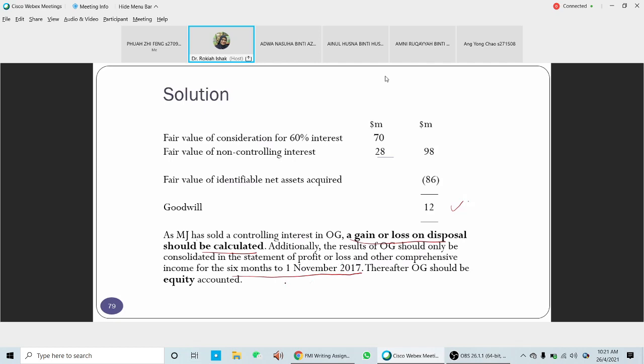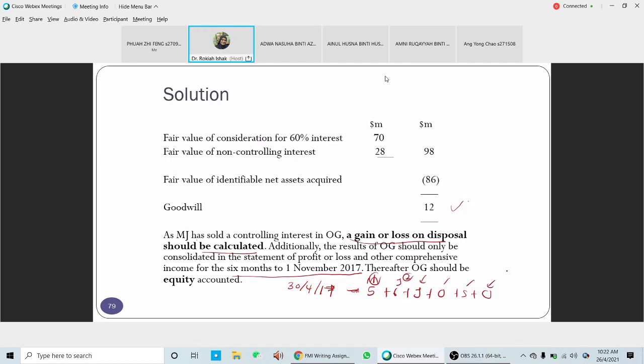So we assume that the financial year end for this company is on 30th of April. The last one is 30th of April 2017. So you start from May, June, July, August, plus September plus October. So 1, 2, 3, 4, 5, 6.